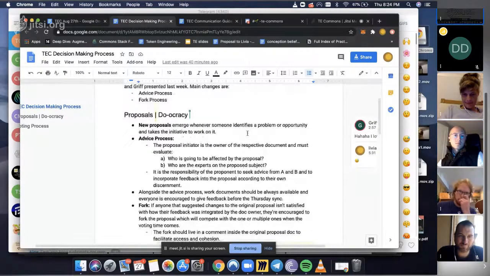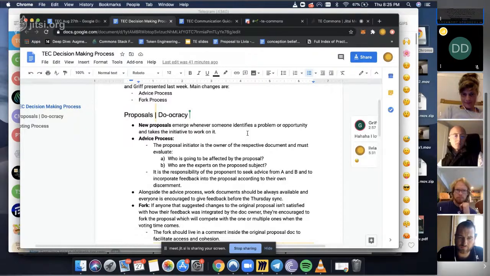For the proposal making, we want to see the do-ocracy culture happening in the TEC, where new proposals emerge whenever someone identifies a problem or opportunity and takes the initiative to work on it. The person who took the initiative will become the doc owner, and the responsibility of the doc owner is to evaluate who is going to be affected by this proposal and who are the experts on the proposed subject.